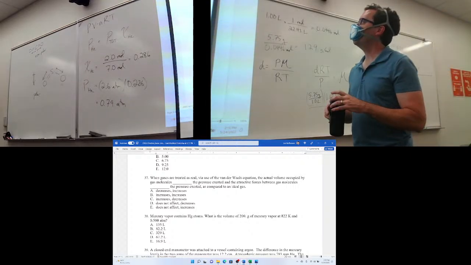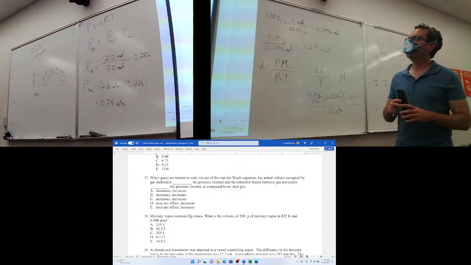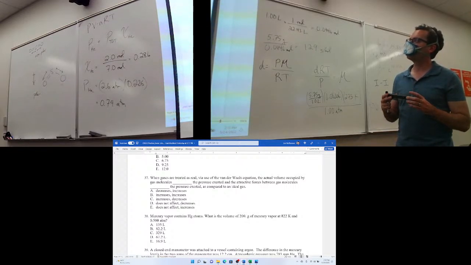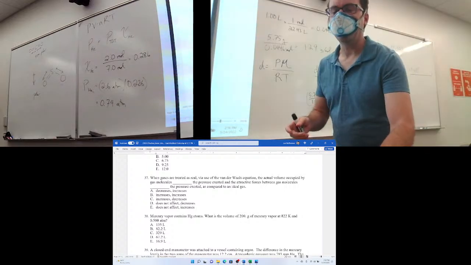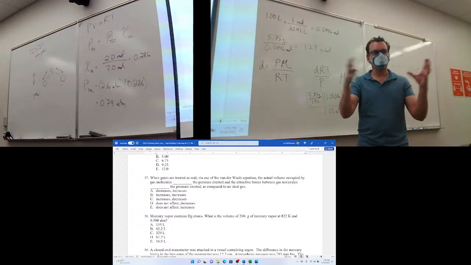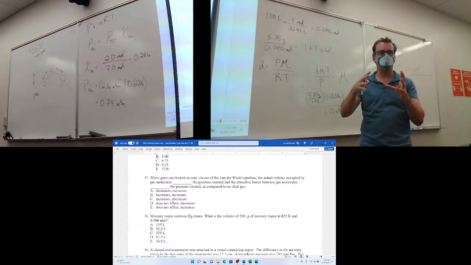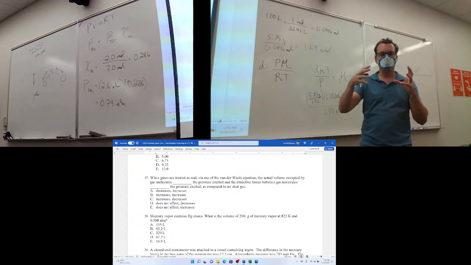The actual volume occupied by gas molecules will do what to the pressure exerted? And the attractive forces between the gas molecules will do what to the pressure exerted as compared to an ideal gas? So the volume that they take up, if there's less, like if you put gases in a container and you shrink the volume, what happens? The pressure goes up, right? So suddenly you're treating them as real.